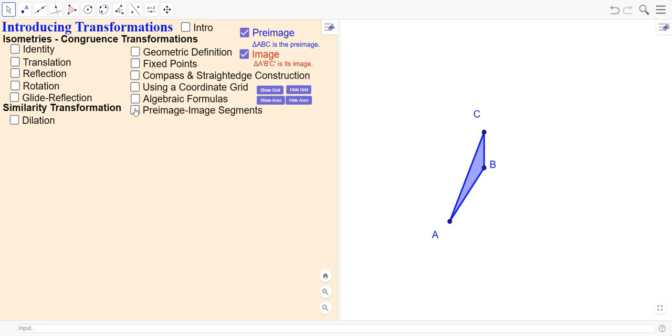We talked about how to take an image and a preimage, use line segments to connect up points from preimage to image, and use those line segments to determine whether it's an identity, translation, reflection, rotation, glide reflection, or even a dilation.